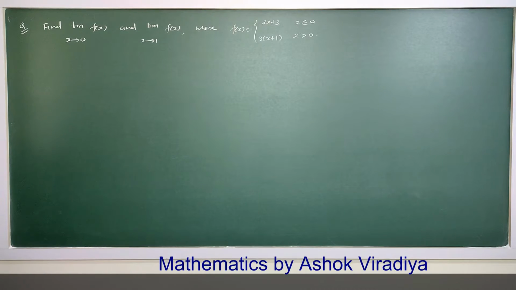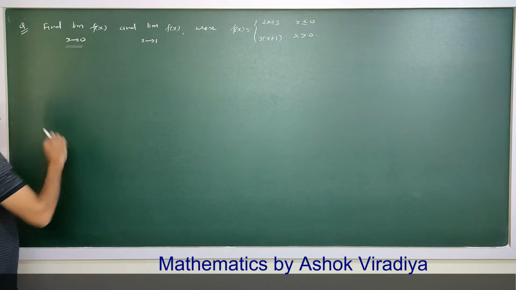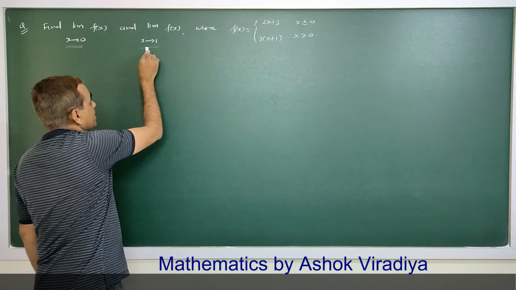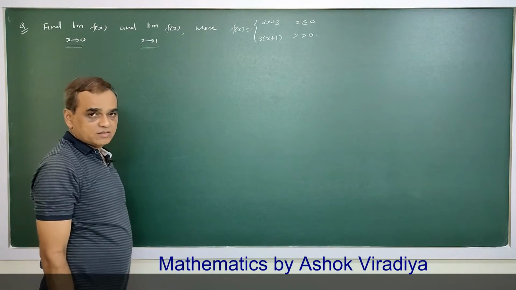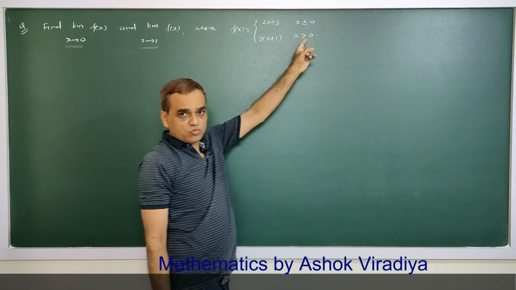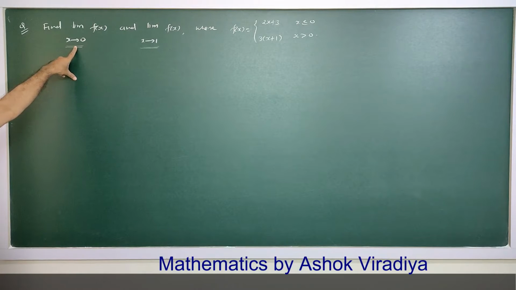Find the limit of this function as x tends to 0 and find the limit of this function at 1. Now look here, the function is changing formula at 0. So for this case, we will find the left hand limit as well as the right hand limit.